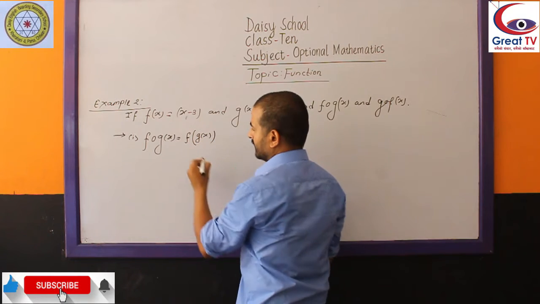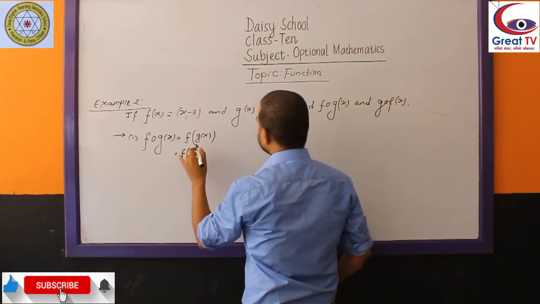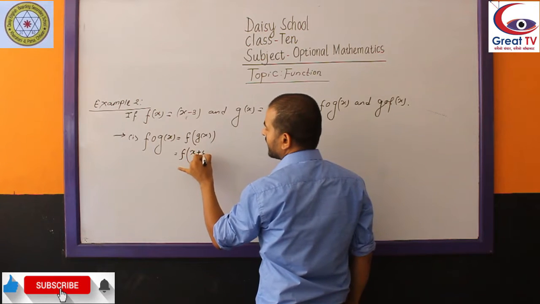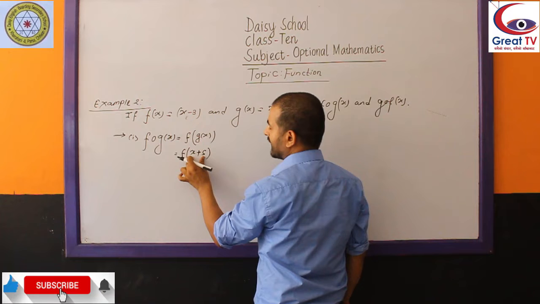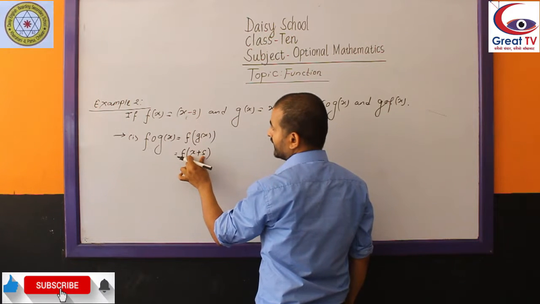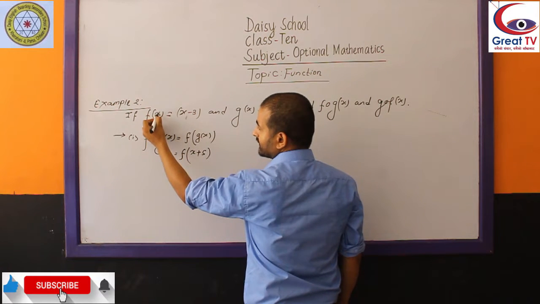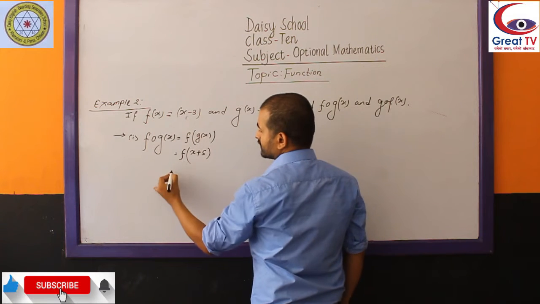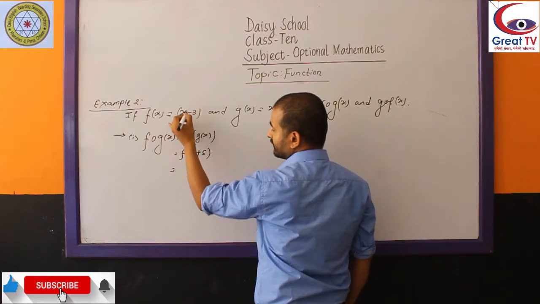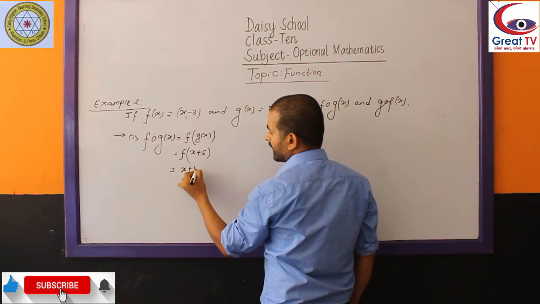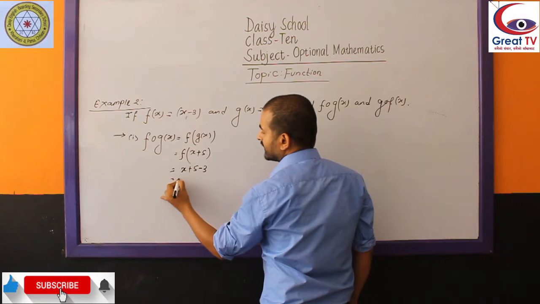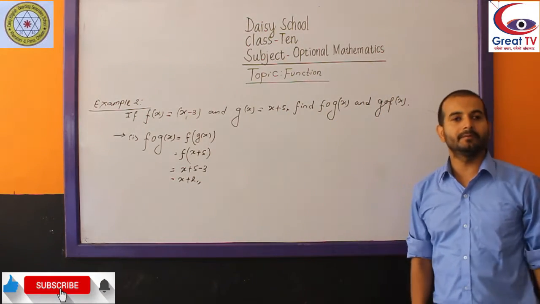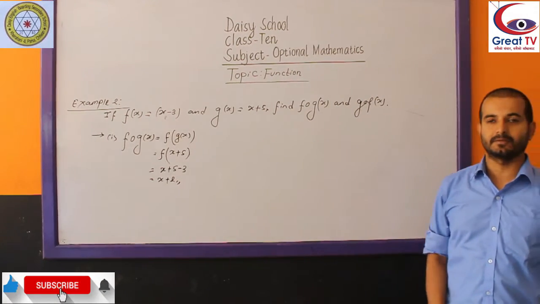Now g(x) is x plus 5, so x plus 5 is the input for function f, which is x minus 3. Let's put x plus 5 here. What do you get as the result? x plus 5 minus 3, that is x plus 2. So this is the composite f o g(x), where g(x) is the first function.